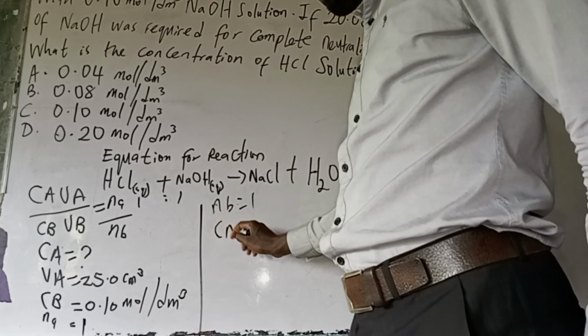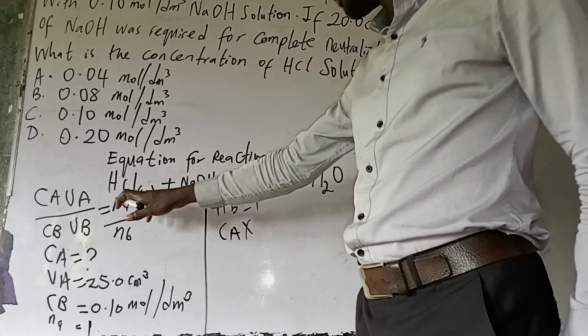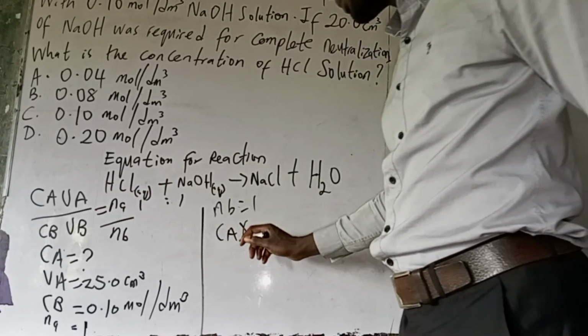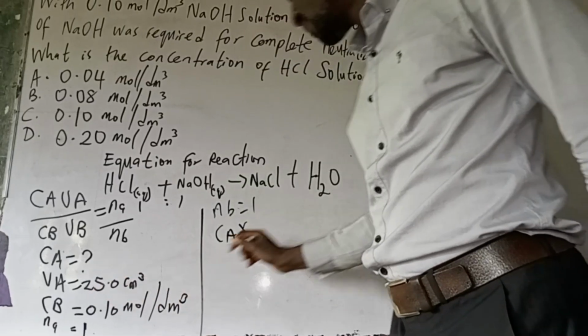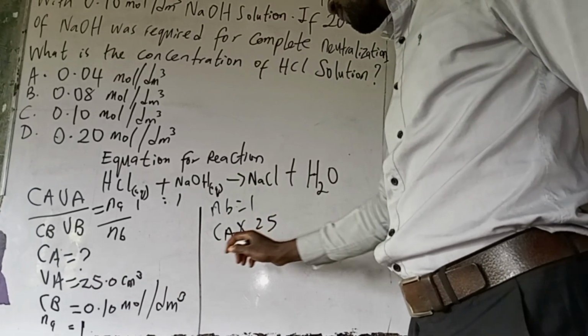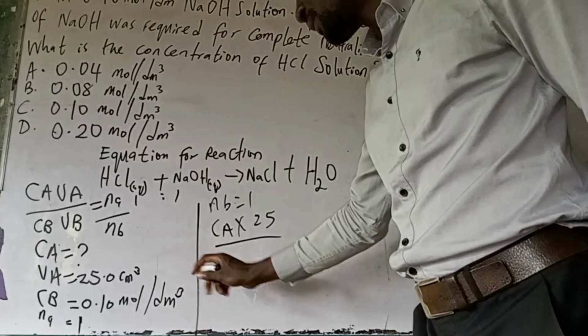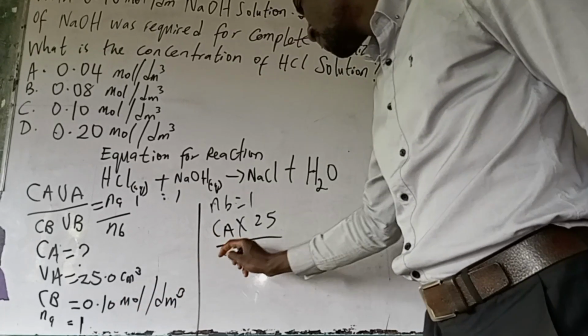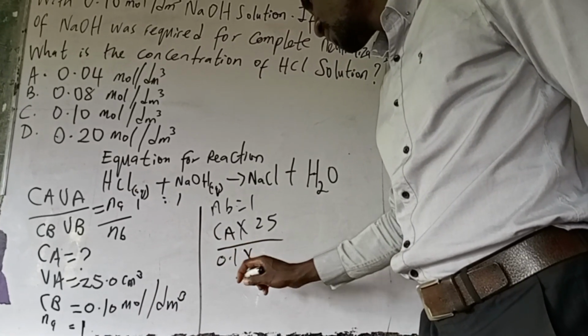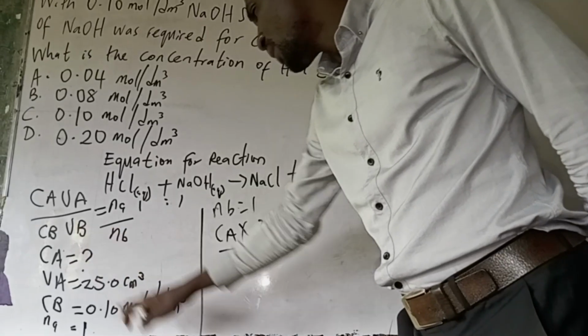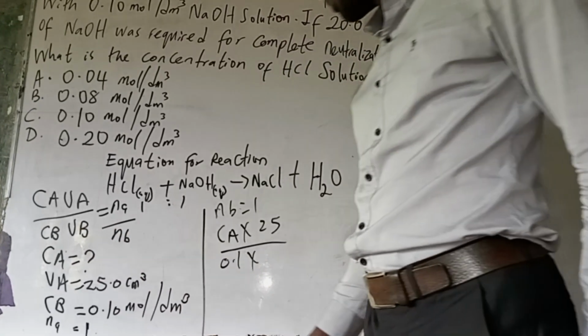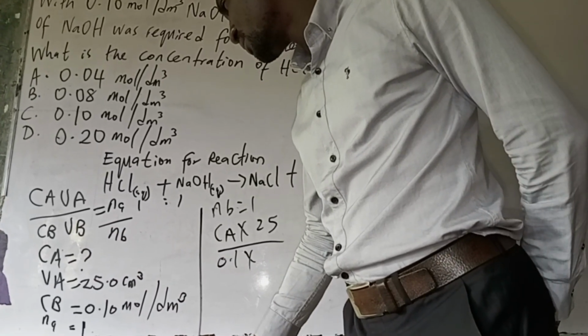Ca times Va is 25, all over Cb. Our Cb is 0.1, times Vb. Our Vb is the volume of base.